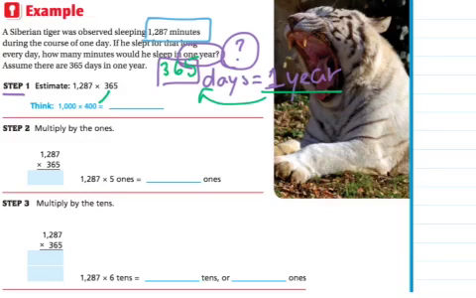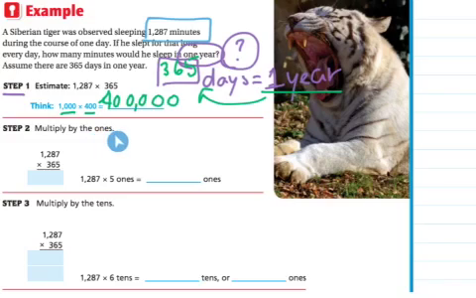So we know our answer, we see that there are 3 zeros here, 2 zeros there. That means our product needs to have, that's right, 5 zeros. So we're thinking that on average, if we were to estimate this, that tiger would sleep 400,000 minutes in 1 year. So now we're going to go and do our actual multiplication.